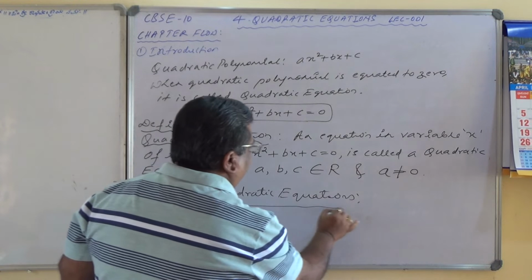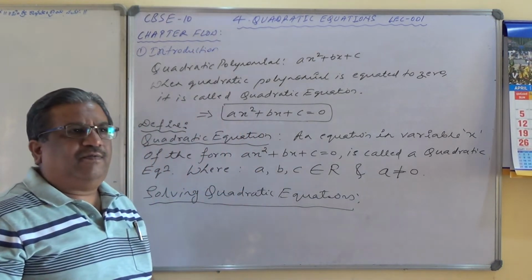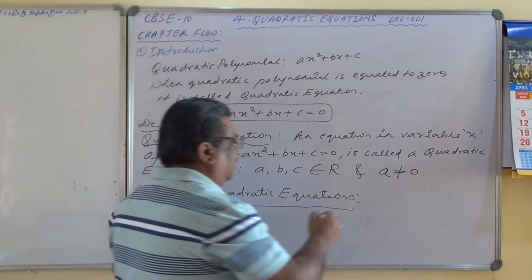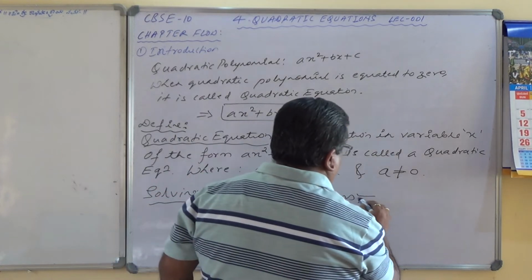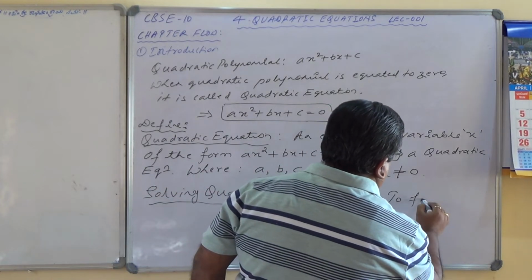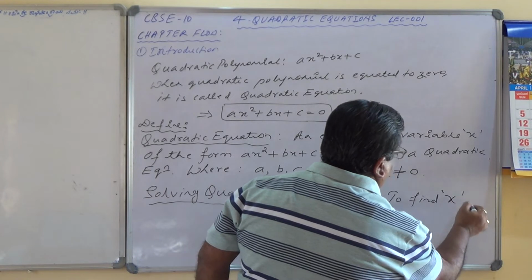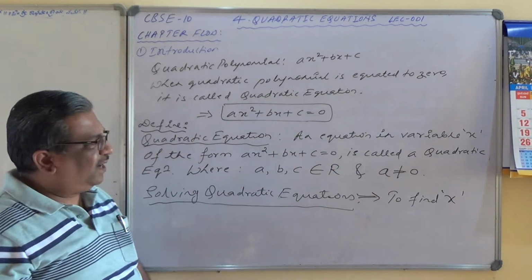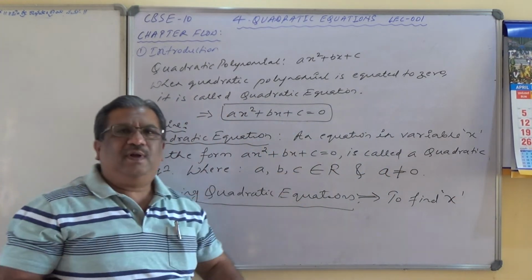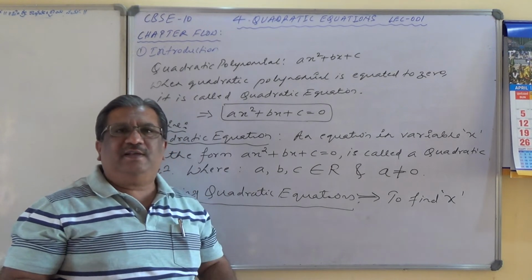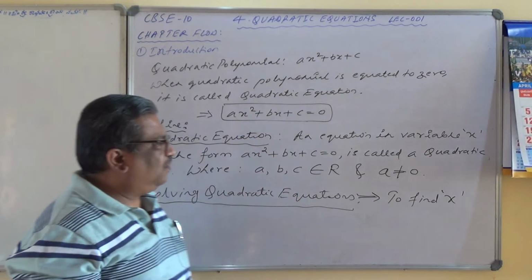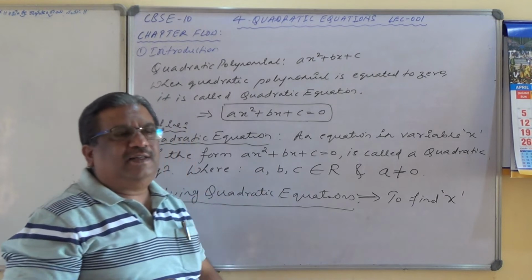The meaning of solving quadratic equations is finding out the value of x. How many values can you find here? As the degree is 2, the maximum number of values you can find is 2. Why it is 2, we will learn in the chapter on polynomials.